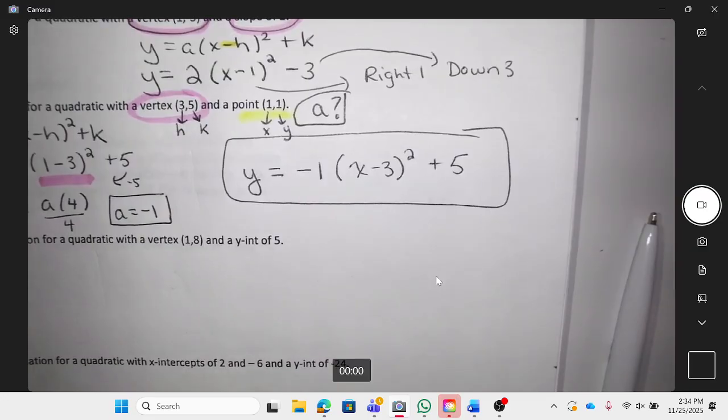Does your vertex look like it's at 3, 5? You're graphing. You need to see what it looks like.